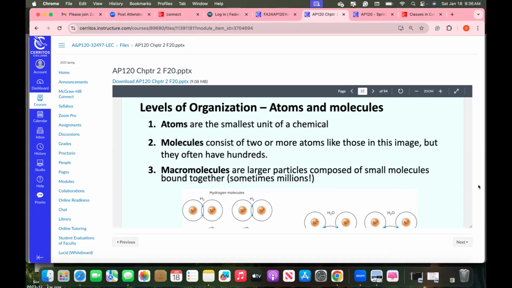Macromolecules are larger particles composed of small molecules bound together. So if you have a bunch of small molecules and you bind them together, you get a macromolecule. Okay, that's a macromolecule.